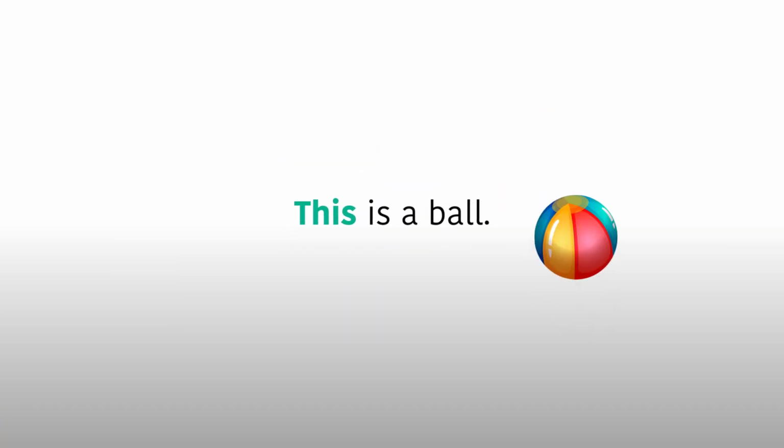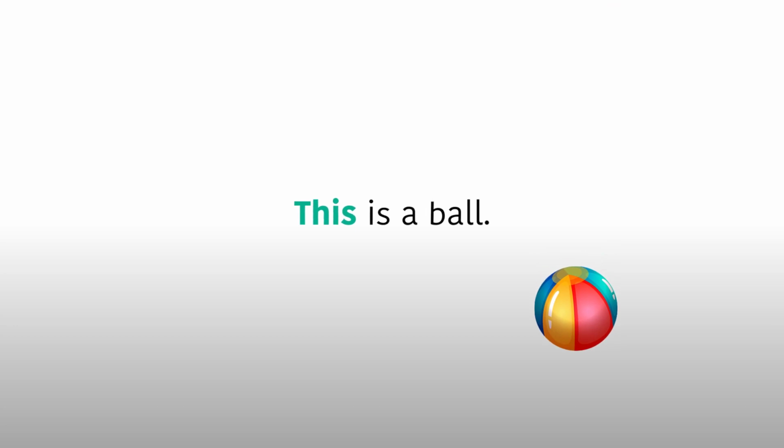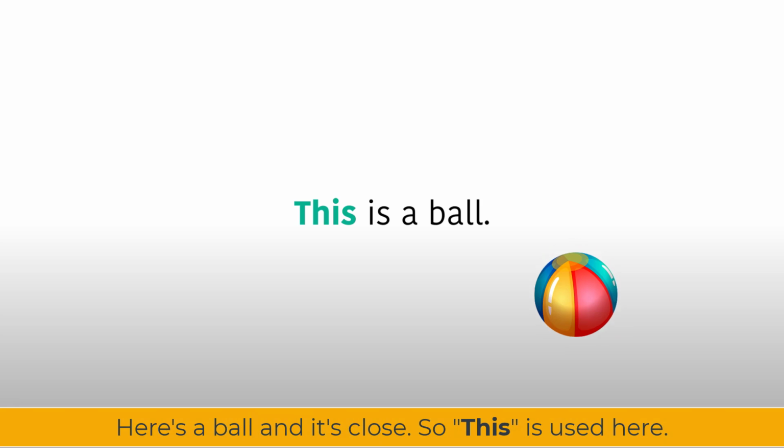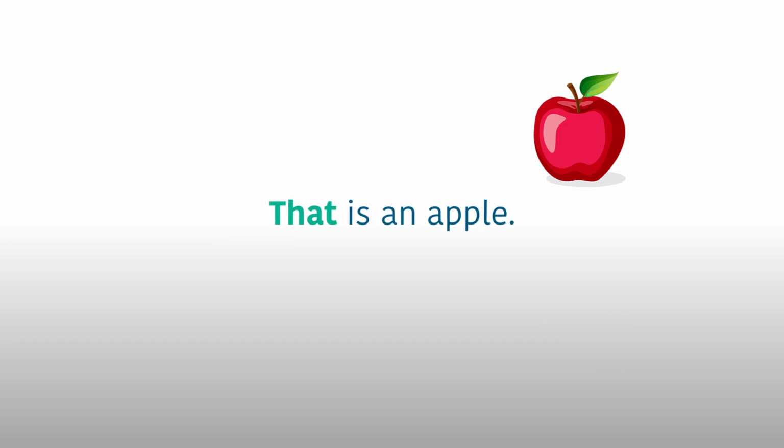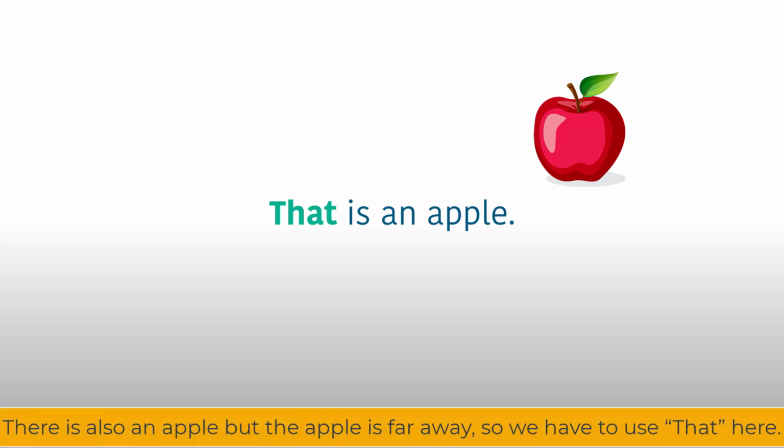For example, this is a ball. Here's a ball and it's close, so this is used here. That is an apple. There is also an apple, but the apple is far away, so we have to use that here.